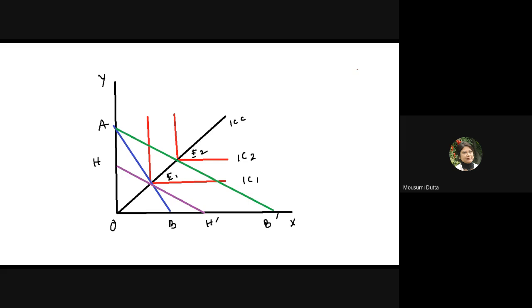The indifference curves will be L-shaped.